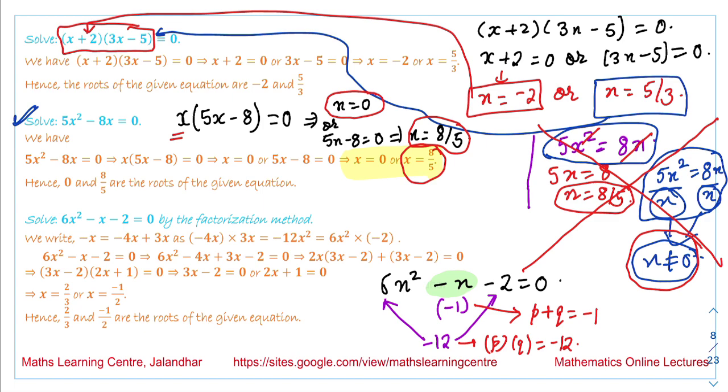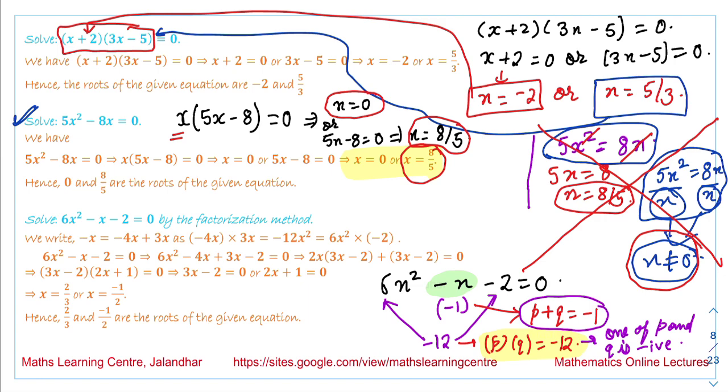The details of this method, splitting the middle term, you can refer to the videos related to these problems from class 9th. So when we look at this term over here, p into q is minus 12. What this tells us is that one of p and q is negative. And p plus q is minus 1.